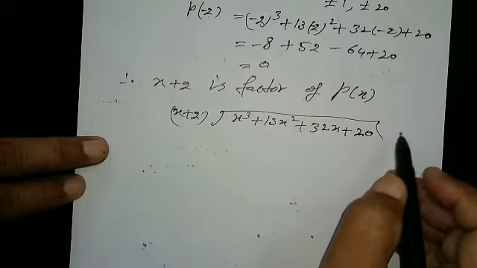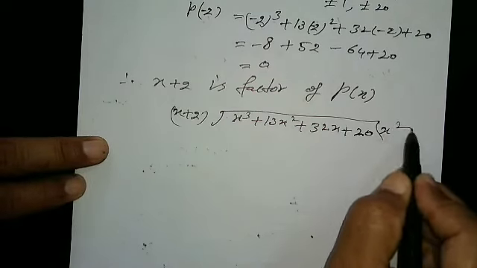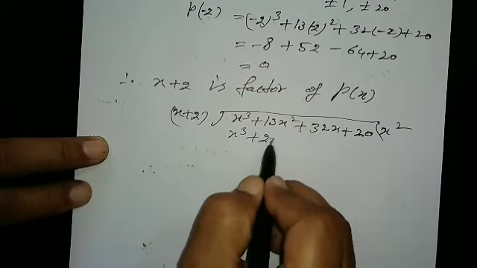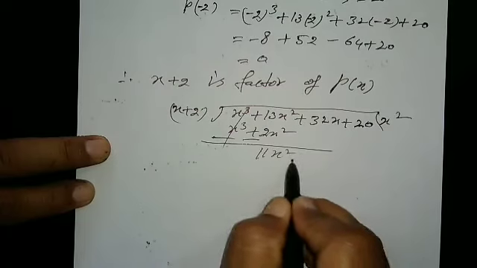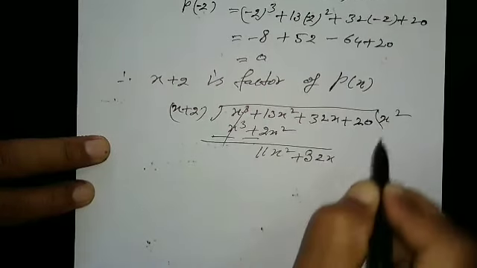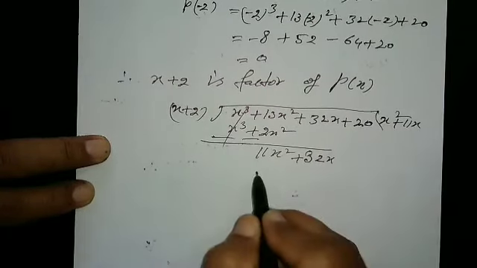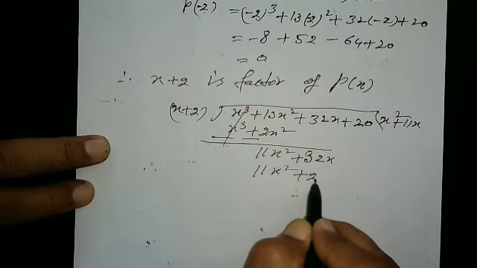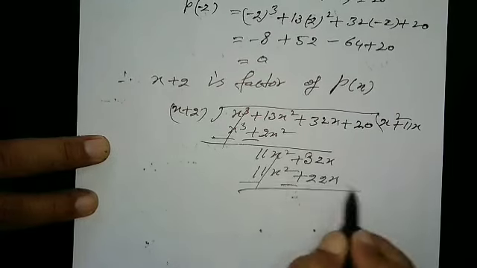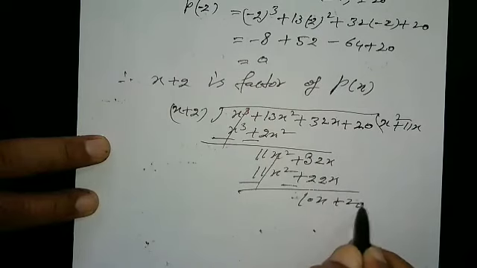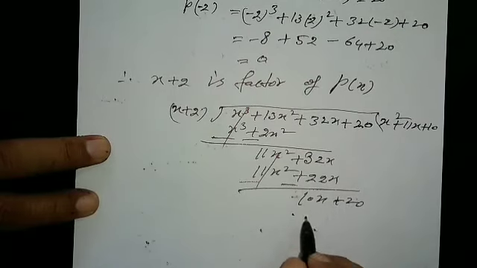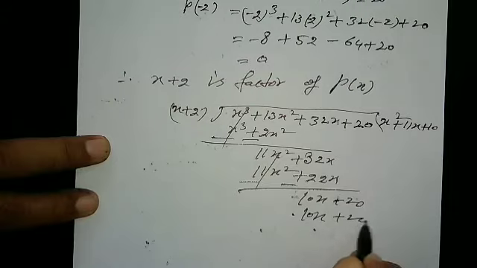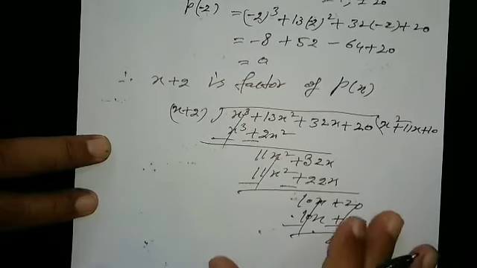As you see, it will take x square, x cube to x square, 11x square plus 32x, 11x and 22x, 10x, and this is 20, 10x plus 20, remainder 0.